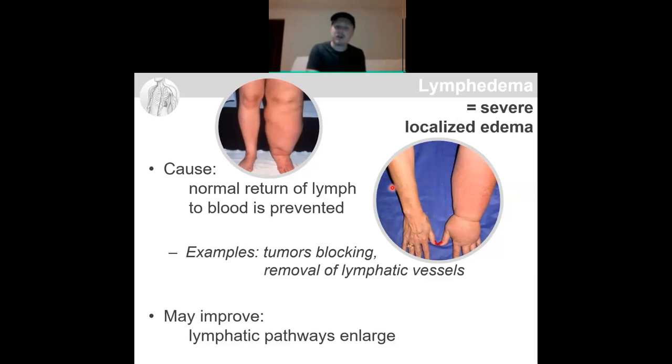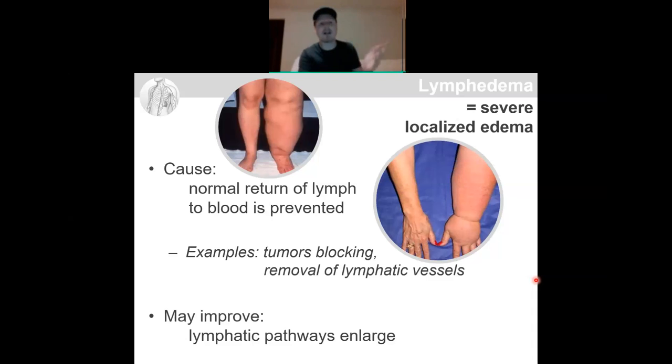So look at what the other side looks like, and if the other side looks like what you would expect, and the opposite side looks very swollen, that's probably lymphedema. This is all lymph that has been building up on this leg. Same with this upper limb. And this would be because the lymphatic system did not drain this fluid that was building up here.